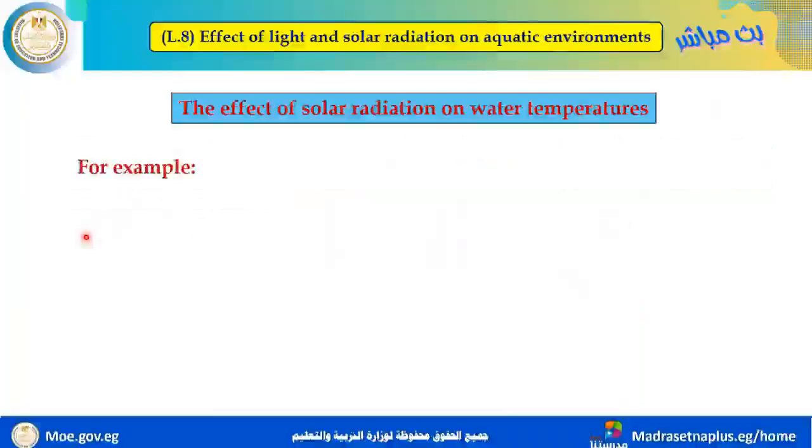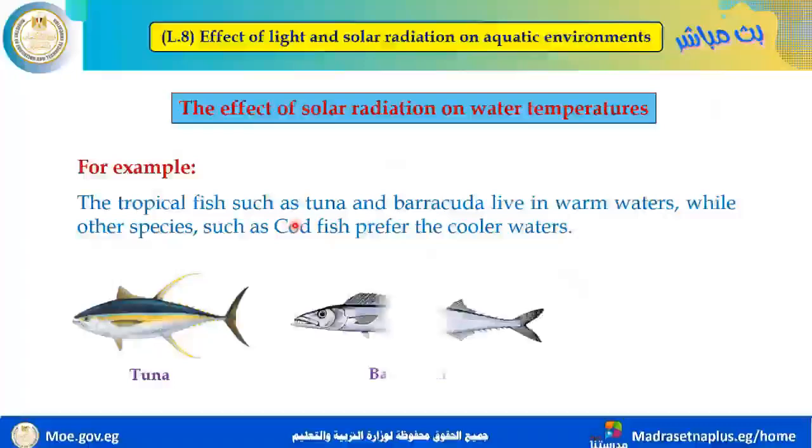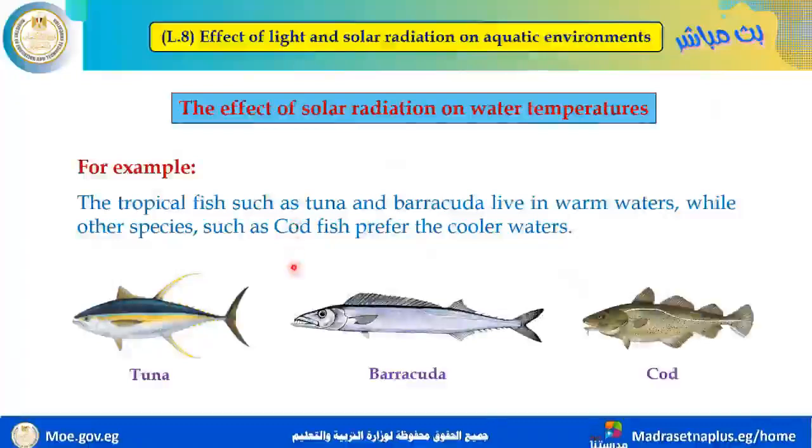For example, the tropical fish such as tuna and barracuda live in warm waters, while other species such as codfish prefer the cooler water.